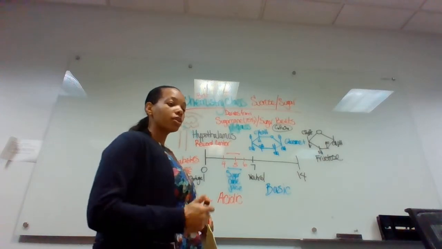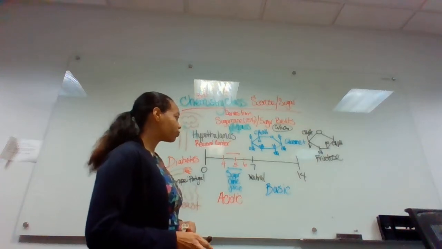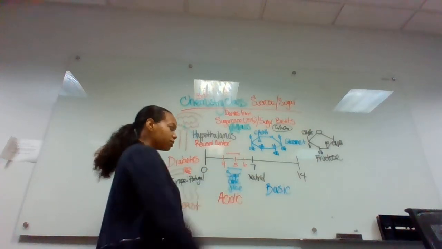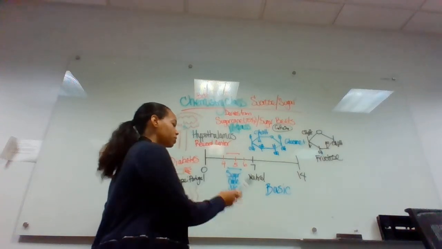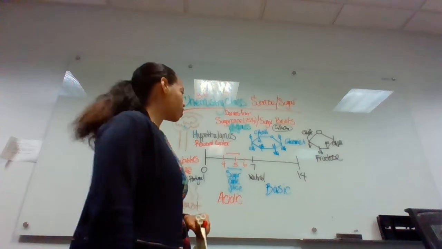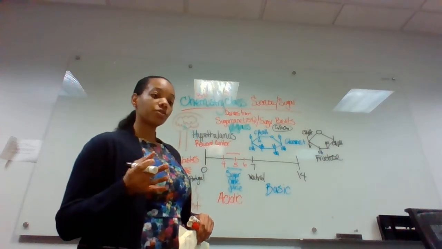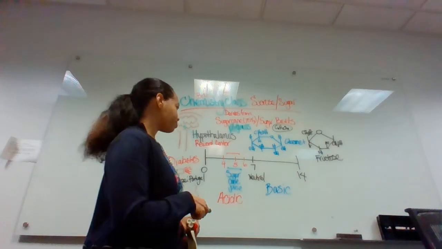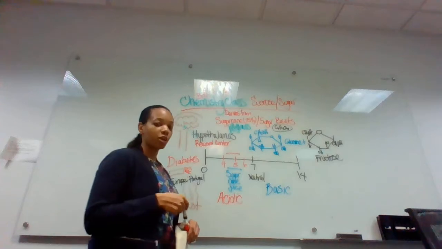So we're going to recall a couple of things that we've been learning over the weeks. We're always going to be referring to our pH chart, which is going to let us know, from 0 to 14, what's acidic, what's neutral, what's basic. You guys should already have that down pat by now. So sugar cane juice, the juice that comes from the sugar cane, is going to fall somewhere between a 4.5 and a 5.5 pH.